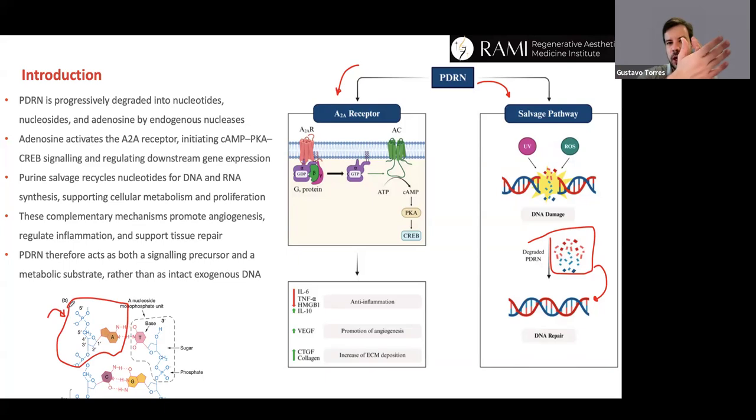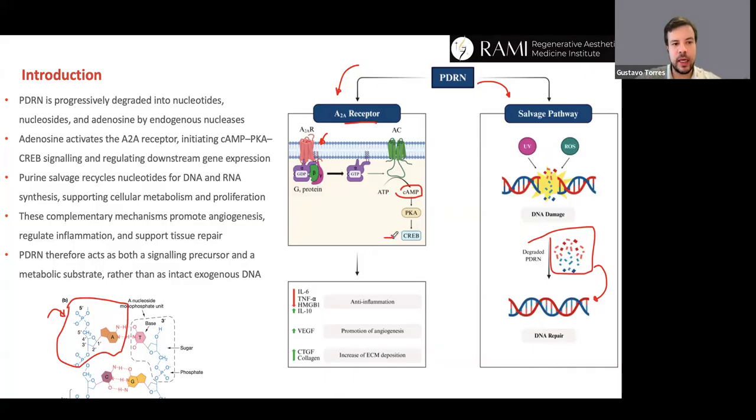So when DNA is chopped, it is going to bind to the A2 receptor, the adenosine A2 receptor. It initiates a G protein based reaction that leads to cAMP conversion and therefore activation of the protein kinase A and also cell proliferation.